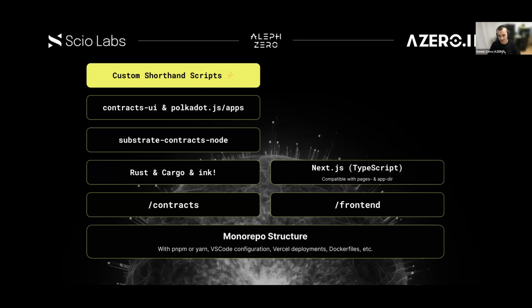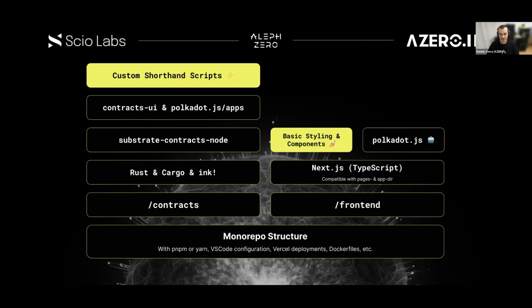It's compatible with both the pages and the app tier. The main branch is using the app tier structure, but there is another one which is still with the pages tier. There is some basic styling and some basic Web3 components in there, but we really try to stay as unopinionated as possible. So you can do whatever you like most.